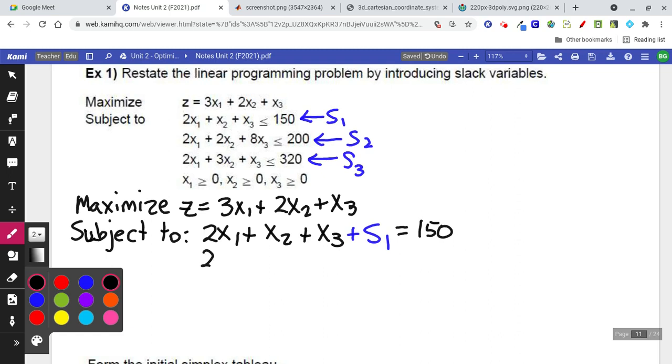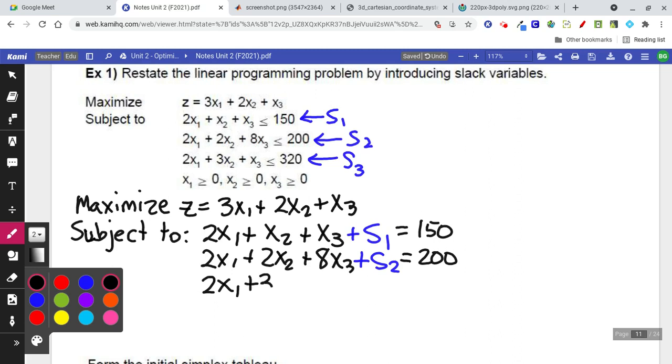So the next one says 2x1 plus 2x2 plus 8x3 plus s2 equals 200. And then the third one says 2x1 plus 3x2 plus x3 plus s3 equals 320.